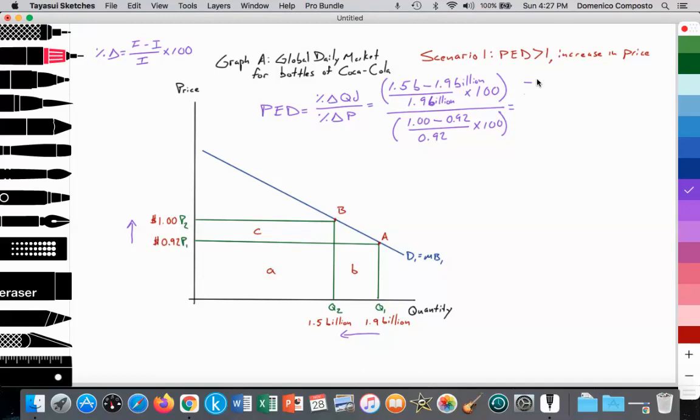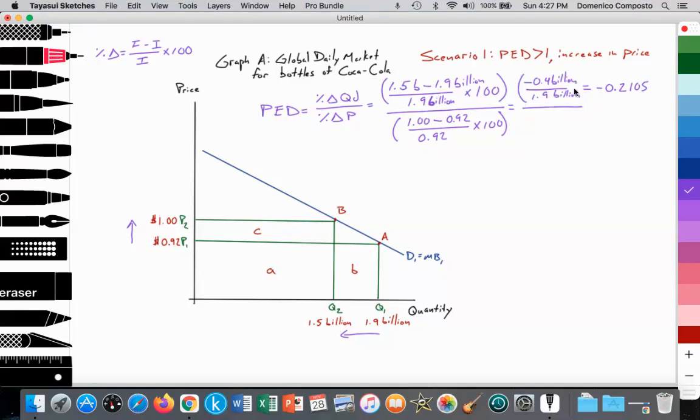And that works out to negative 0.4 billion, 1.5 minus 1.9, divided by 1.9 billion. And that's going to work out to negative 0.2105, and we'll come back to that.